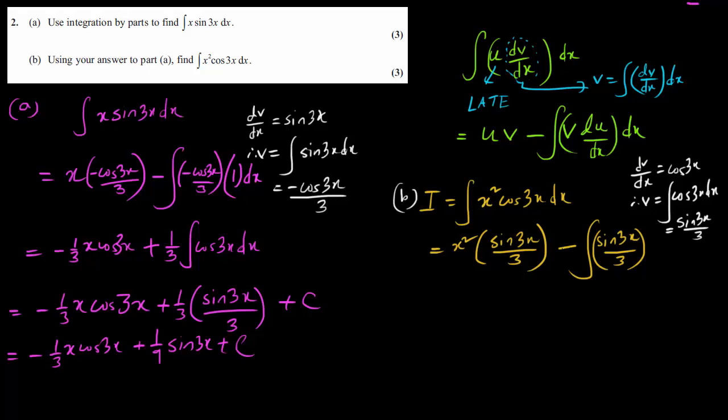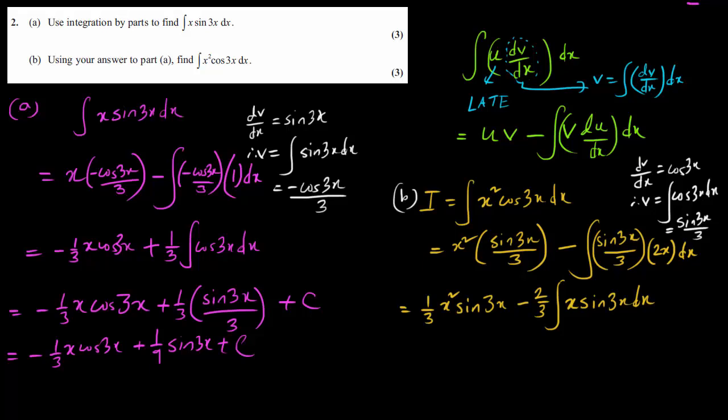So minus integration of v du by dx. The derivative of x squared is 2x dx. So it turns out to be, if we simplify, 1 by 3 x squared sine 3x minus, now this is 2, this is 3, we can bring the 2 by 3 constant outside and we can write x sine 3x dx.